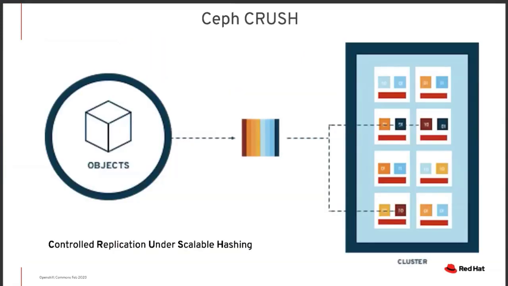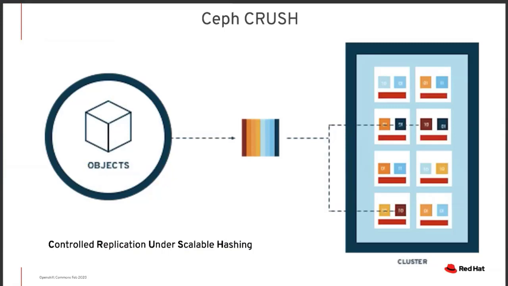Ceph data is actually placed by a hashing mechanism that's named CRUSH. And CRUSH stands for Controlled Replication Under Scalable Hashing. That means that every object is getting hashed, and this hash is always the same. Today, tomorrow, next week, next year, over 10 years, it's always the same outcome because it's a hash, and the hash always delivers the same value.